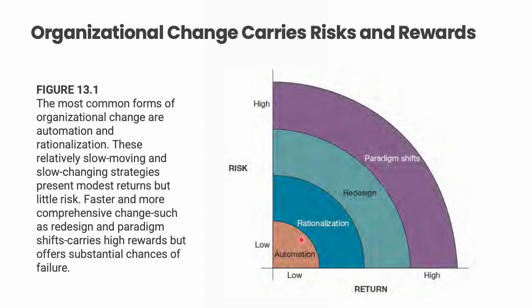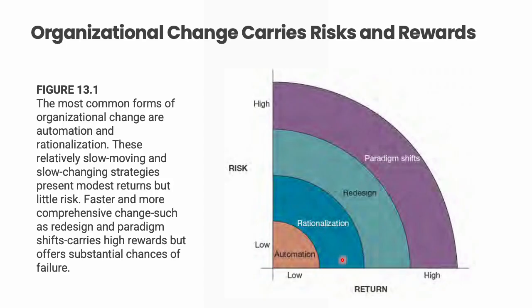The good thing is that they probably won't fail. And the bad thing is that the return, okay, the benefits or the money that you get back, the return here is also quite low. It's a small and safe win, okay.